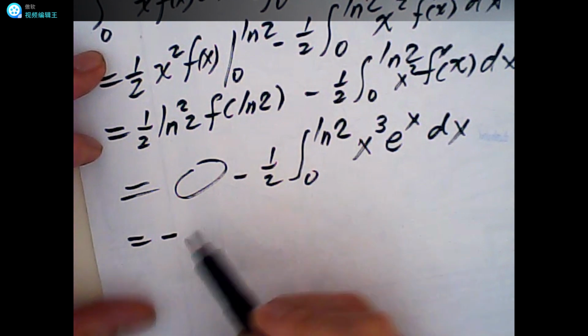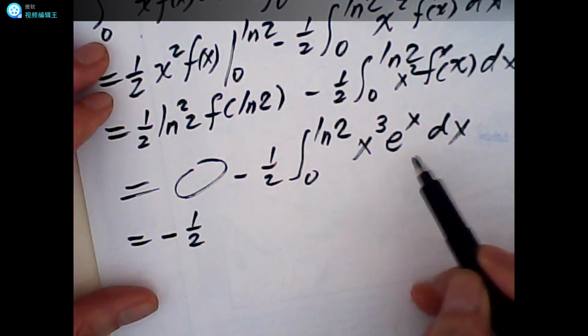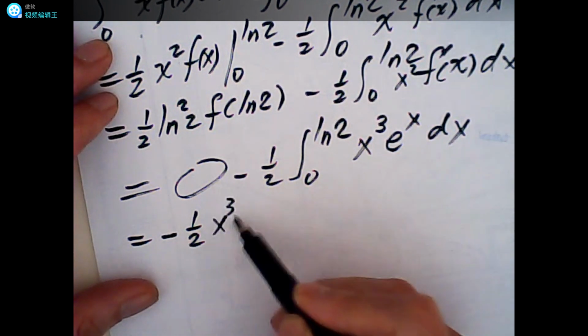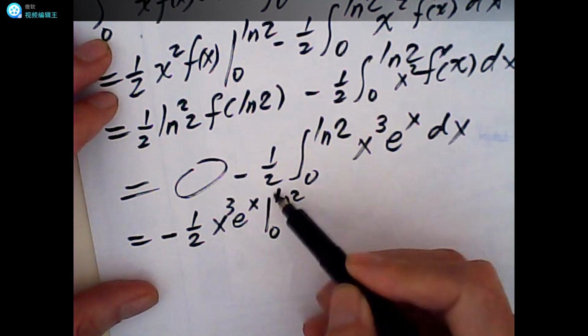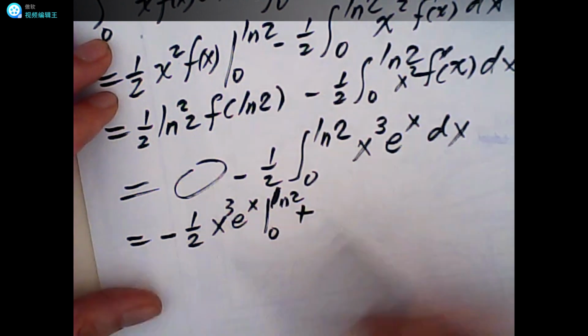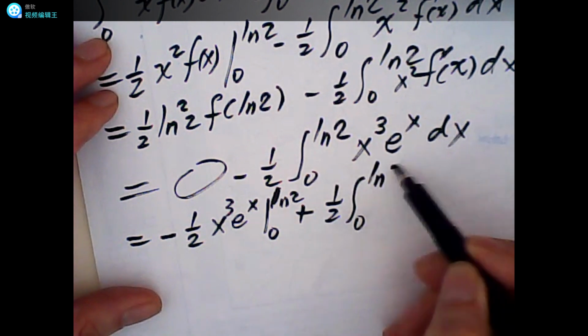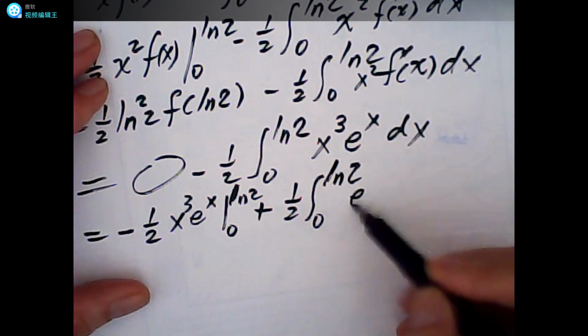So this is 1/2 uv. U is this, v is this, from 0 to log 2, minus becomes plus 1/2 integral from 0 to log 2 v du. This is v, right?